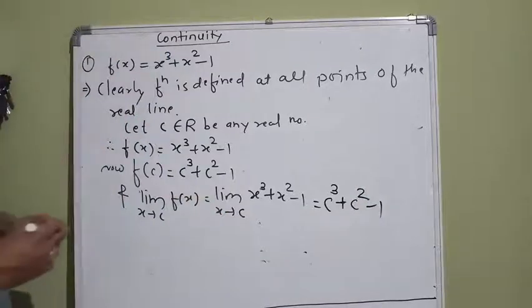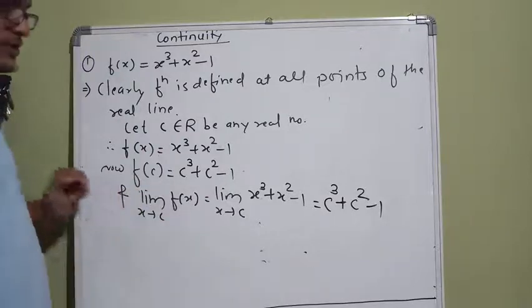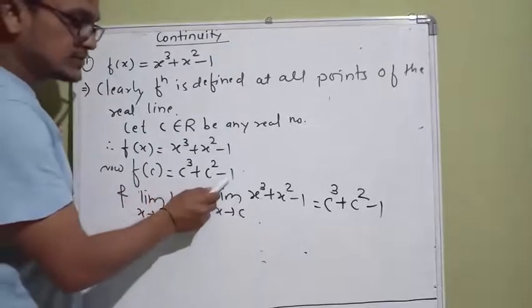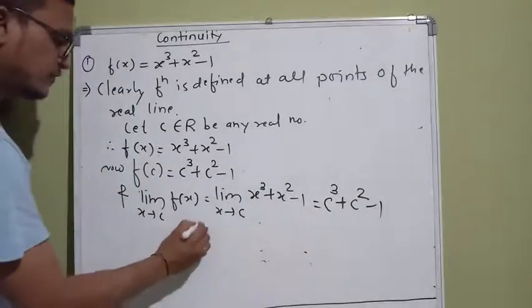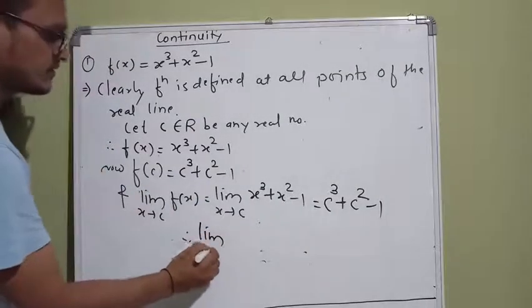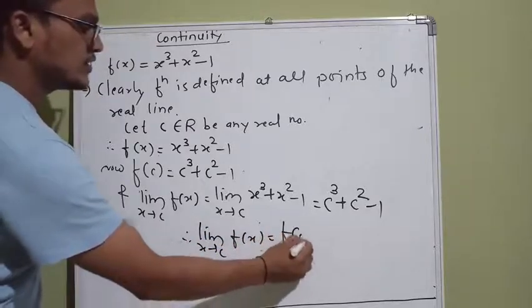If you observe the f of c value and the limit value, c cube plus c square minus 1 and c cube plus c square minus 1, both are equal. So limit x tends to c, f of x is equal to f of c.